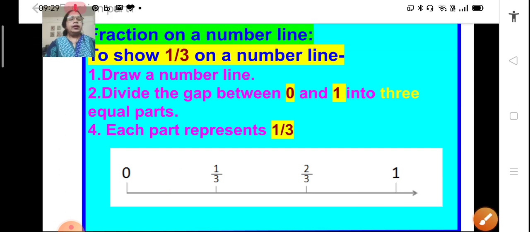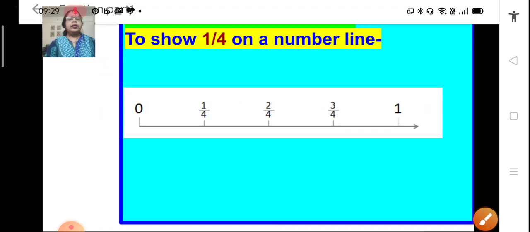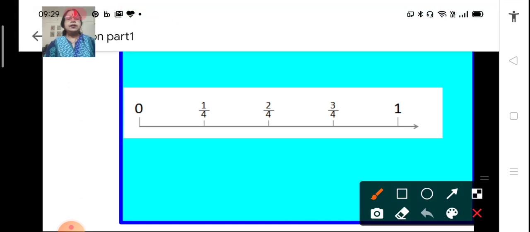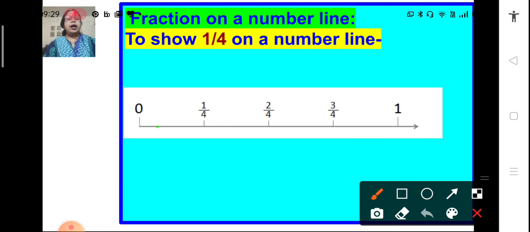Now to show 1/4 on a number line, we divide the gap between 0 and 1 into 4 equal parts, and each part will represent 1/4.